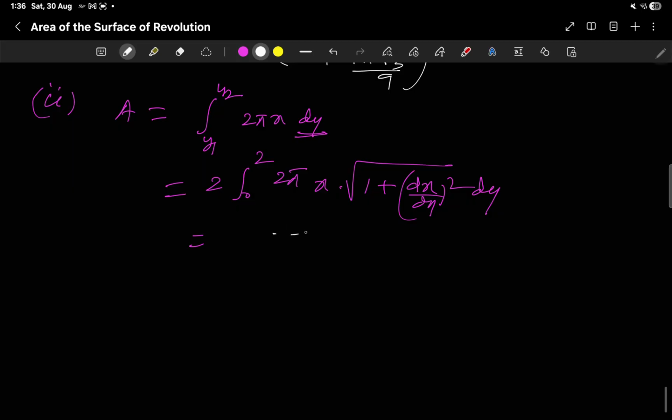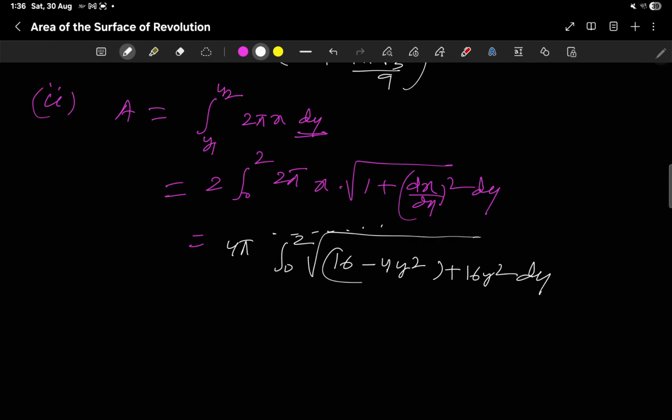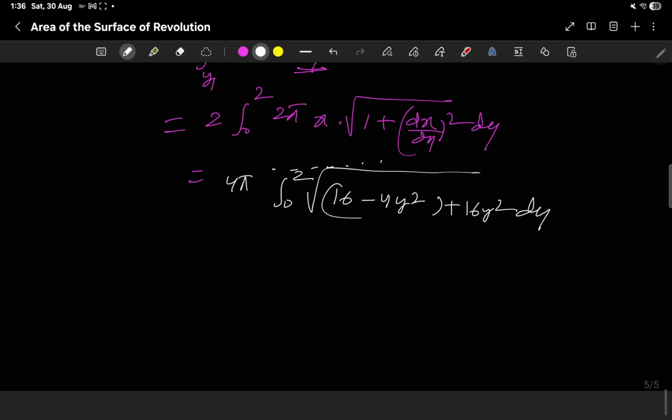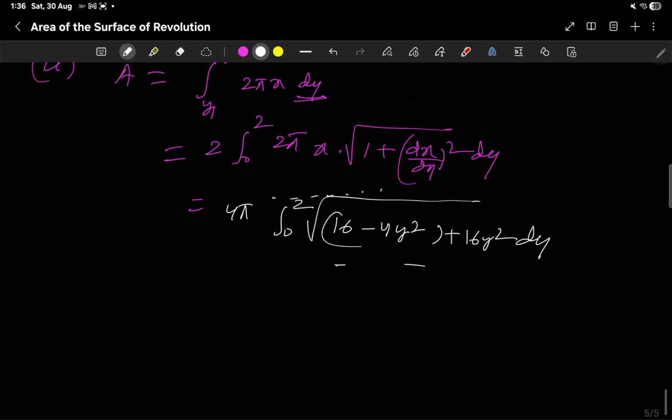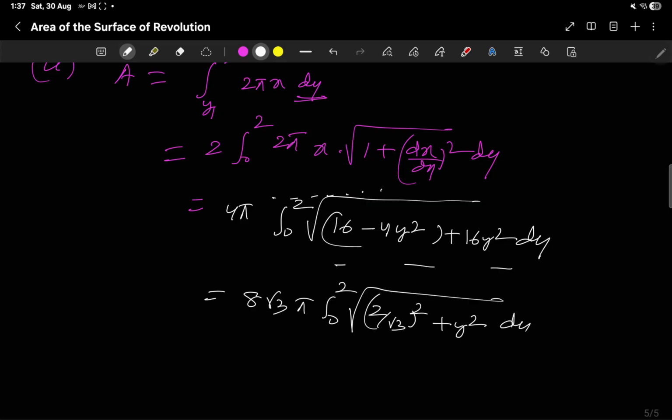Likewise if you simplify it, you will get 4 pi integration 0 to 2 of square root of 16 minus 4 y square plus 16 y square dy. If you go on simplifying, it will be 8 root 3 pi integral 0 to 2 of square root of (2 by root 3) square plus y square dy.